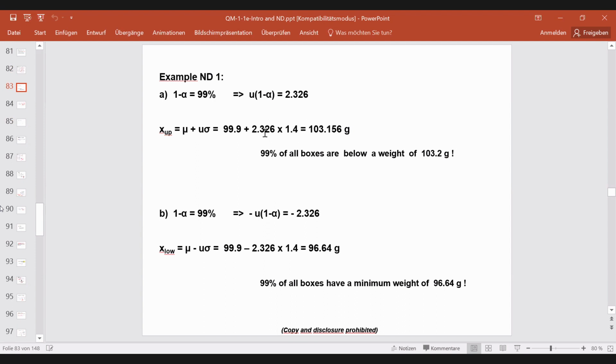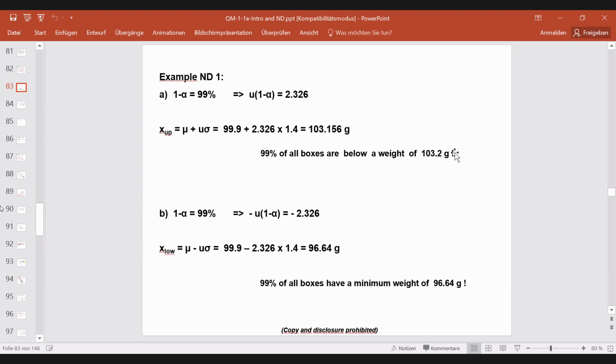All you have to do now is to put this table value into this equation, and then you have the result. The upper value, which is the result of the question, is 103.156. So you can say 99% of all the boxes are below a weight of 103.2 grams.